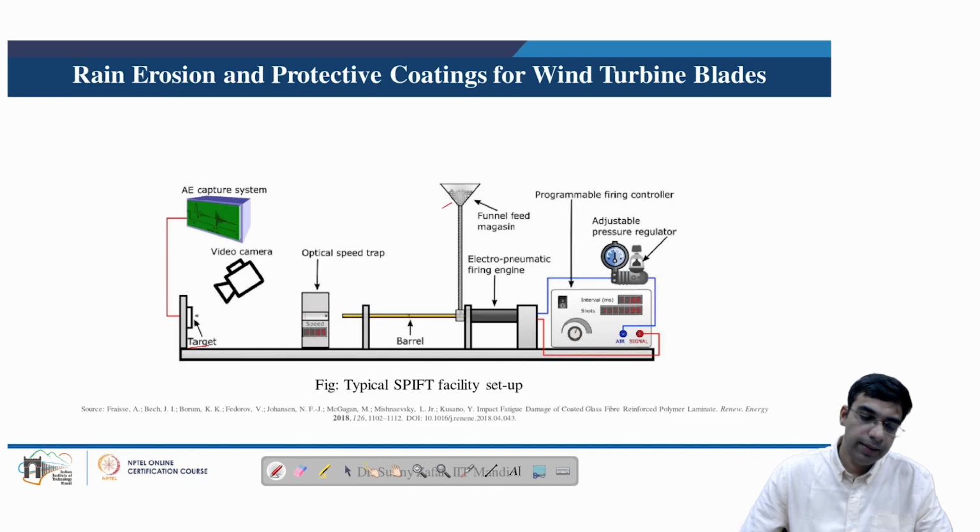And once the ball impacts the target, which is the polymer composite here, the sample, this impact is captured using a high definition high speed video camera which can capture all aspects of the impact, and the sample is connected to a platform which has an acoustic emission capturing system, means whatever sound is generated upon impact of the nitrile rubber balls on the sample.